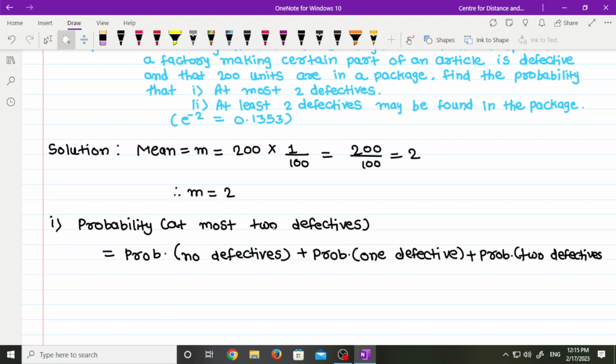2, which is equal to, for x is equal to 0.